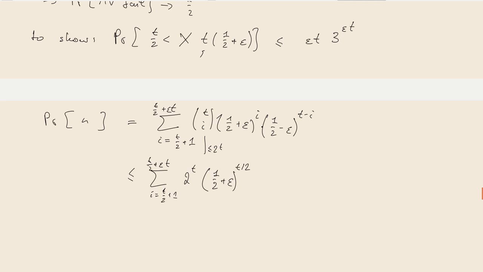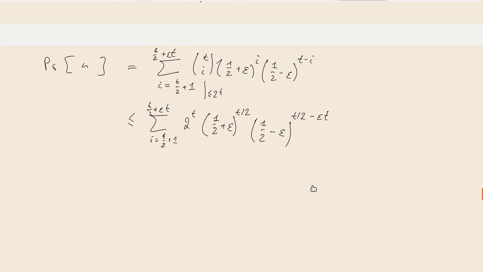And similar here, but because we have a minus, the smallest exponent is actually here, the largest value for I. So we have t half minus epsilon t. Now you see that these terms don't depend on this summation index I anymore, so we can just have epsilon t times the same term.